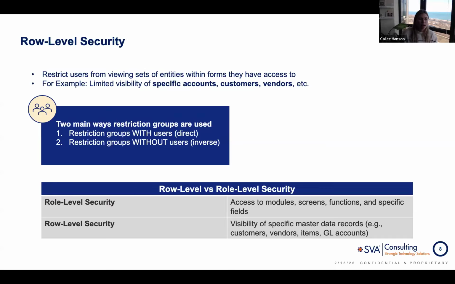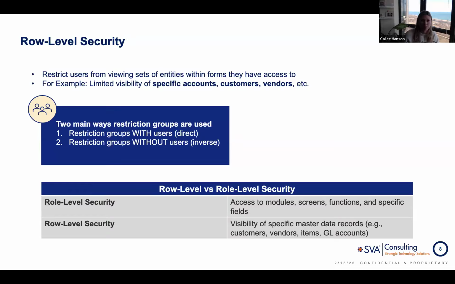And then the opposite of that is the second type. So it's inverse, and that would mean, hey, Kaylee has access to all the customers besides these 5. So most likely we would want to use that inverse type to just restrict me from seeing those 5 customers. Typically, in terms of the type that we're setting up within a particular restriction group, it would be the lowest maintenance behind it.